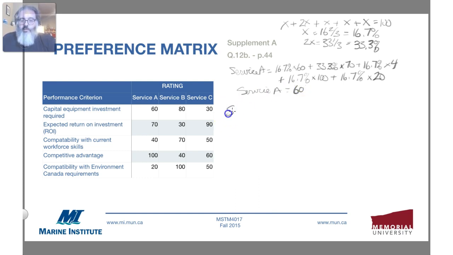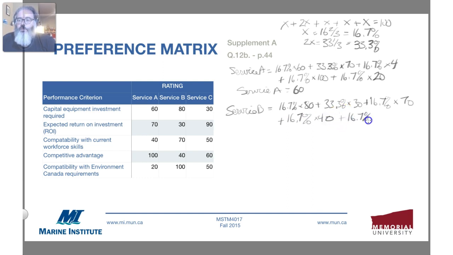So now we do the same thing for service B. Again, it's the same math. It's 16.7% times 80 plus 33.3% times 30 plus 16.7% times 70 plus 16.7% of 40 plus 16.7% of 100.